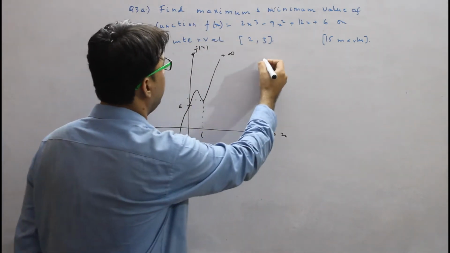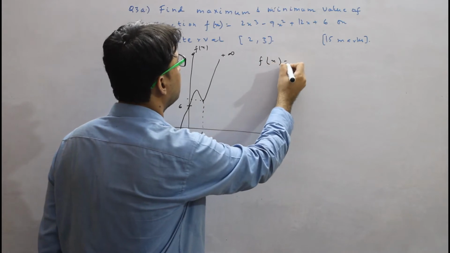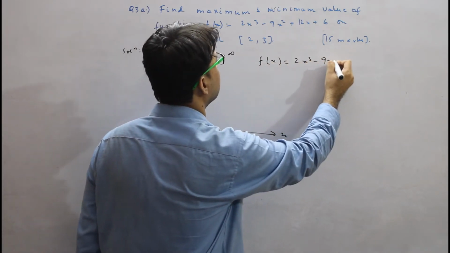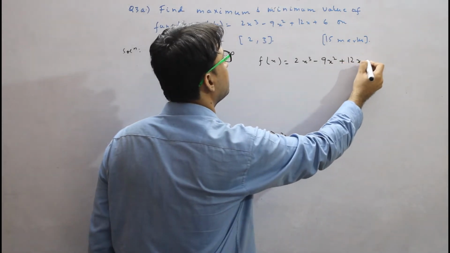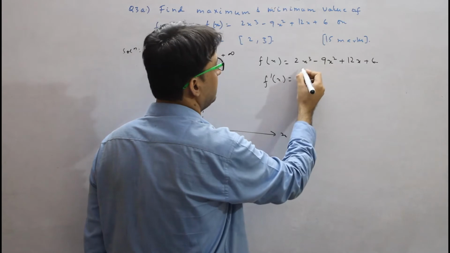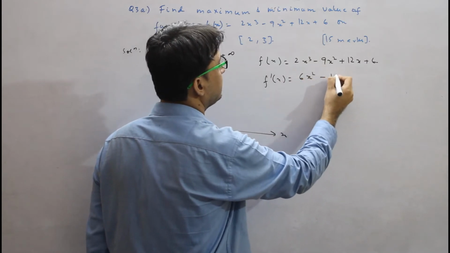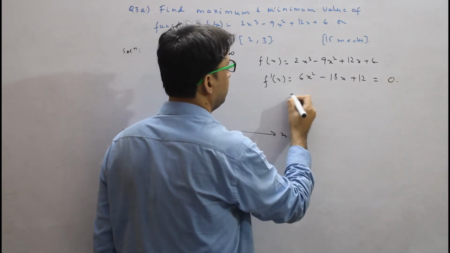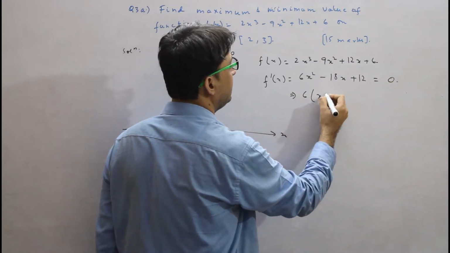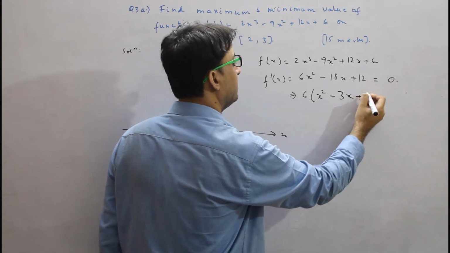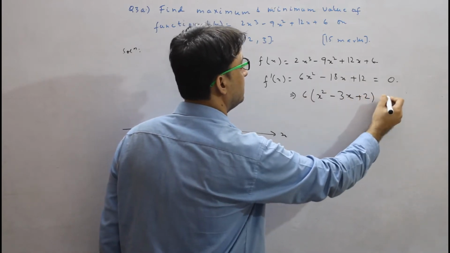So we are going to write the function f of x equal to 2x cubed minus 9x squared plus 12x plus 6. If I take its derivative, this gives me 6x squared minus 18x plus 12, which is equal to 0. If I take 6 common, I can write this as x squared minus 3x plus 2.